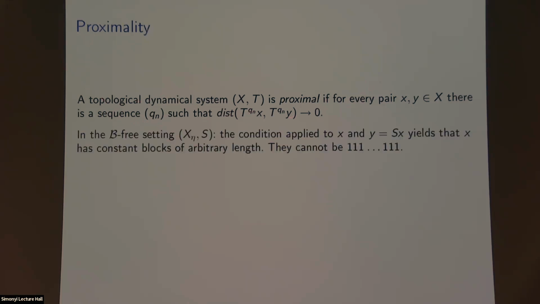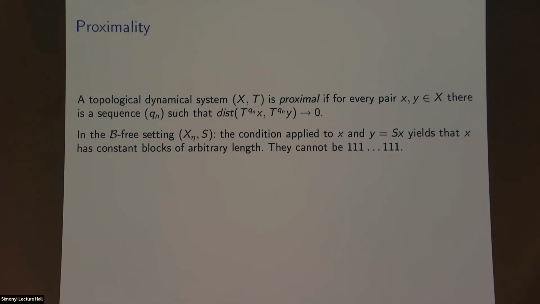In the B-free setting, x eta, when you apply the condition to a sequence X and to its shift by 1, the condition means that X has to contain constant blocks of arbitrary length.